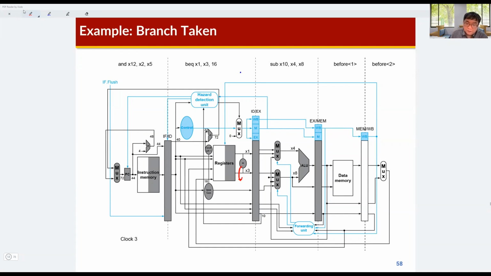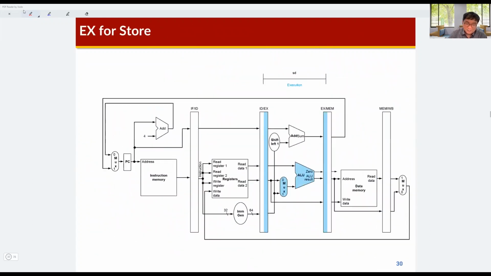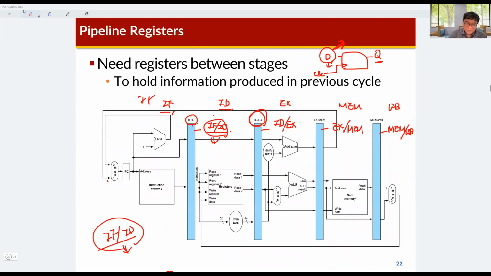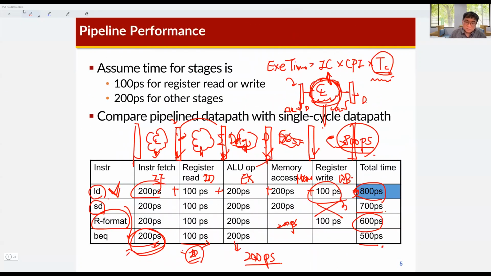The benefit is that the register file is relatively fast. Looking at some delays, it's not a ridiculous number, it's a reasonable number.